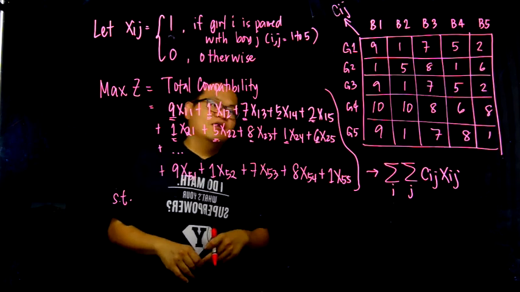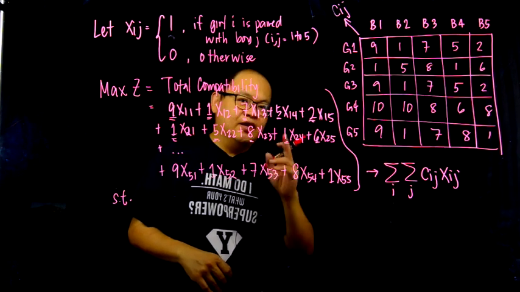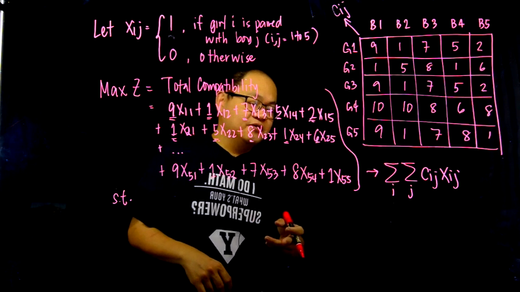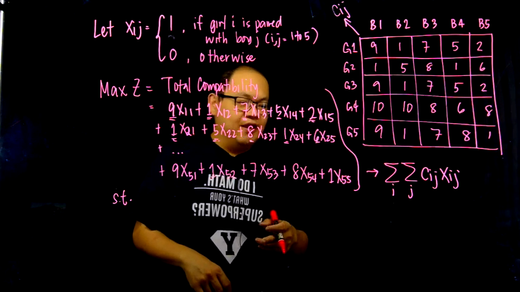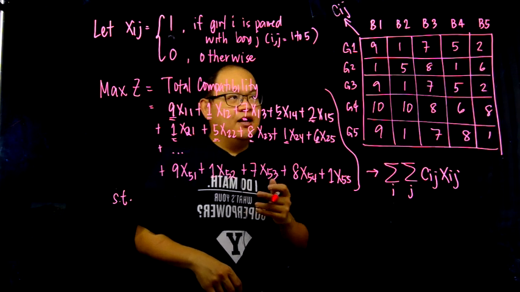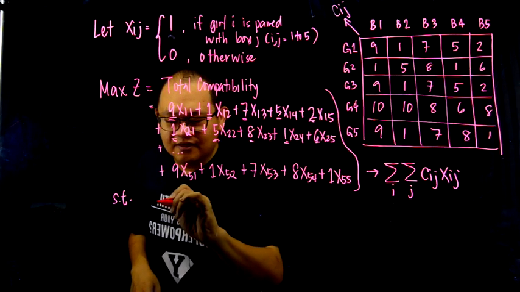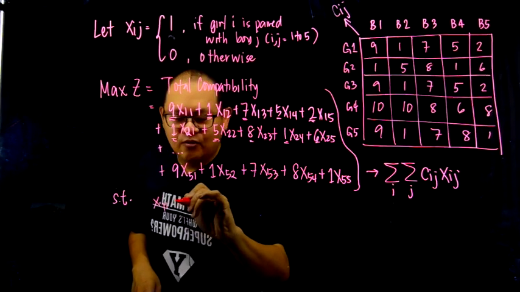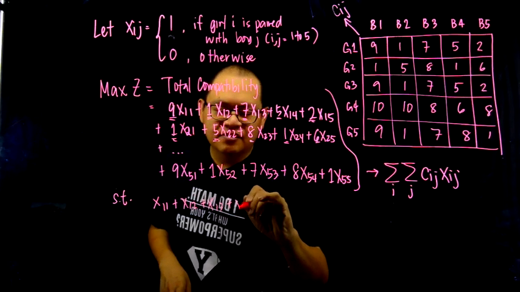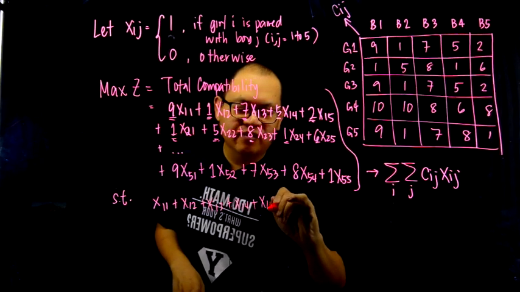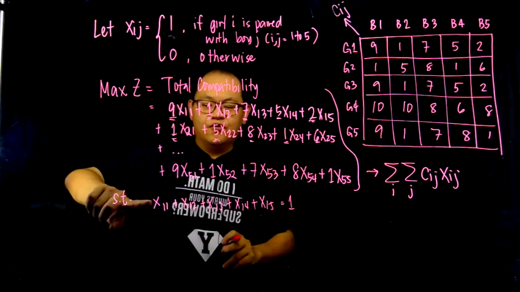What are the constraints? Well, first, every girl has to be paired to only one guy. And the second set of constraints dictate that every boy will also have to be paired to only a single girl. And how do we write that? For the girls, we write it this way: x11 plus x12 plus x13 plus x14 plus x15 equals 1. This is for girl 1.